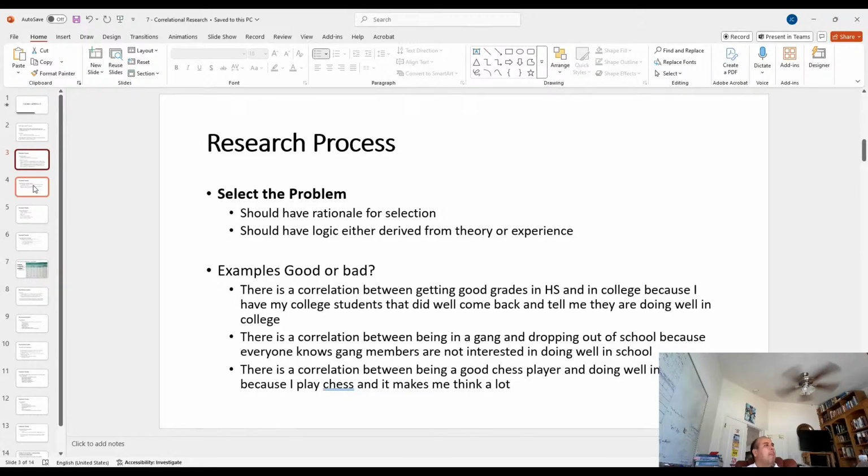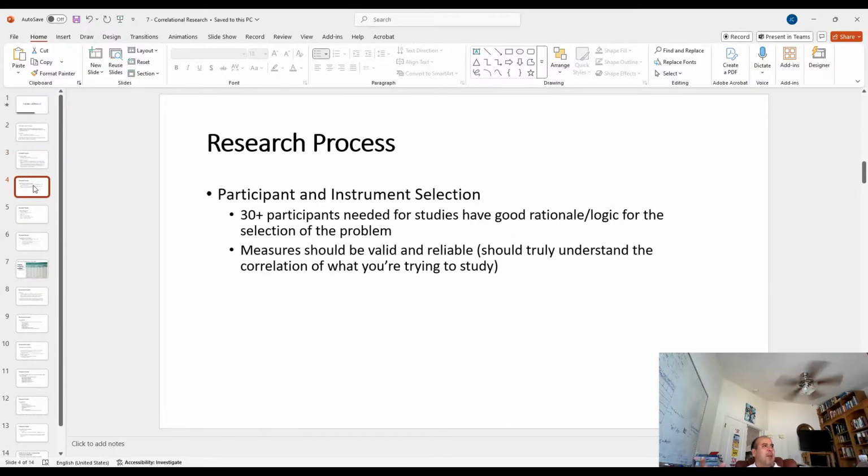Okay. All right. So participants: the key thing about correlational studies is you have to have at least 30 participants in order to have some level of validity in the studies, and to be able to really say that, okay, this is a worthwhile study. The data that I have is good. It's enough for me to understand the issue to a greater degree than what I presently understand it.